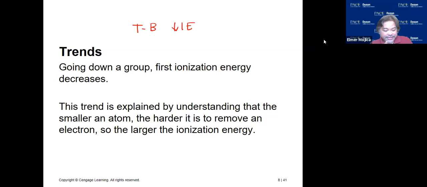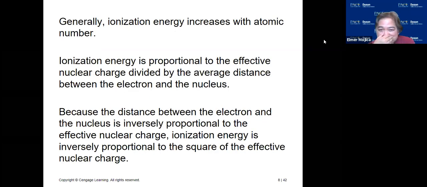Compare it left to right, right? So left to right, if the atomic size decreases, the ionization energy increases. Why? Smaller atom means stronger interaction between the electron and the nucleus. And if there's a stronger attraction, that means you have a higher energy.